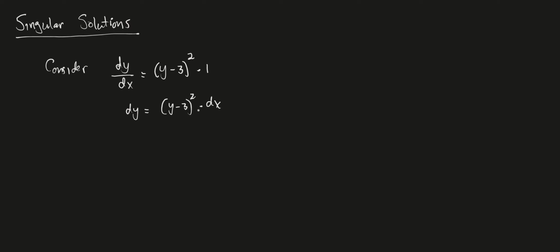The easy way to do that is to divide both sides by the quantity (y minus 3) squared. So then it looks like this, and quite easily we can separate this differential equation.